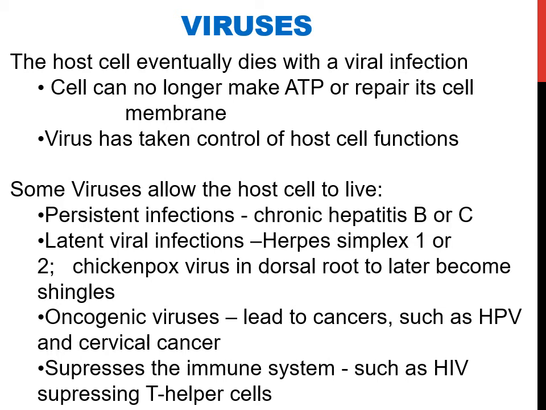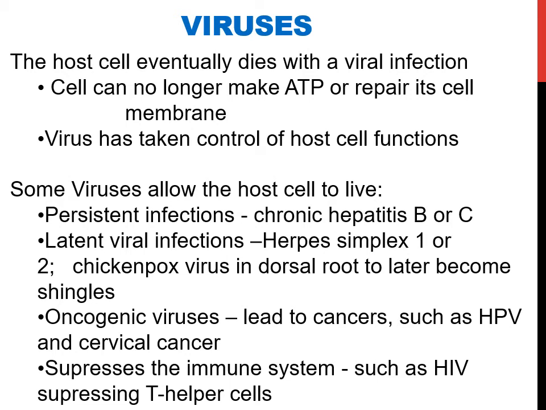A latent virus, which is just living in the cell until it becomes active, would be herpes simplex 1 or herpes simplex 2. It's latent until it becomes active, say for example because of stress or because of an illness that's reduced your immunity, and suddenly the herpes virus is active, gives you a cold sore or gives you genital herpes.